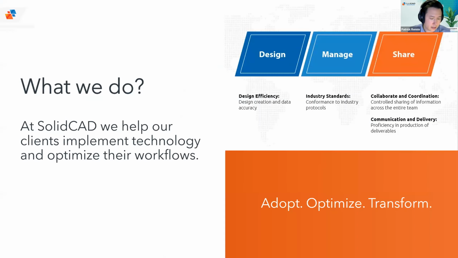So what is SolidCAD and what do we do? At SolidCAD, we help our clients implement technology and optimize workflows. We do this to create some more efficiencies within the overall client's scope, as well as help to show the latest and greatest trends in technology and how you as an organization might be able to adopt them to better suit your needs.